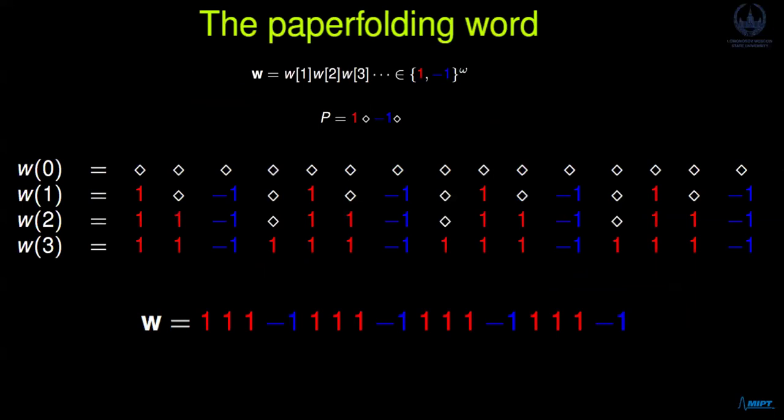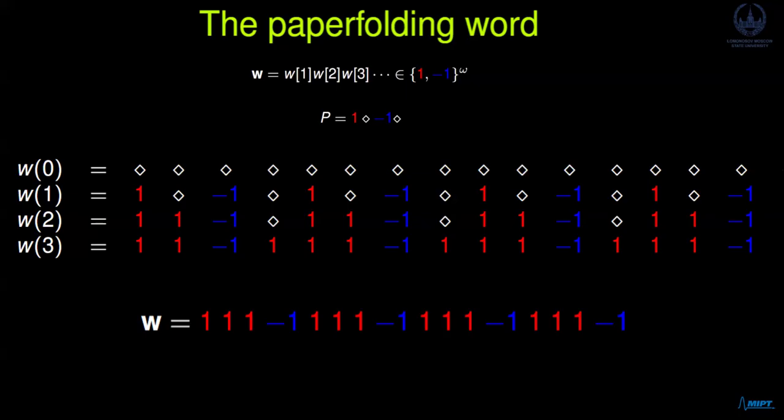Okay, interesting. The paper folding word. Now we want to explore the paper folding word, another fascinating sequence generated by a process related to paper folding and also describable using automata.